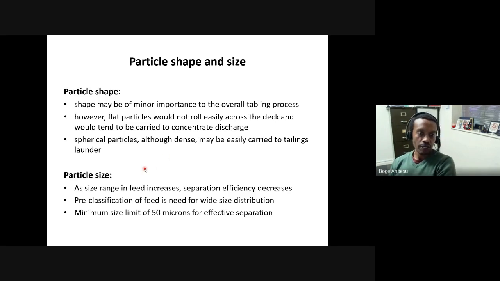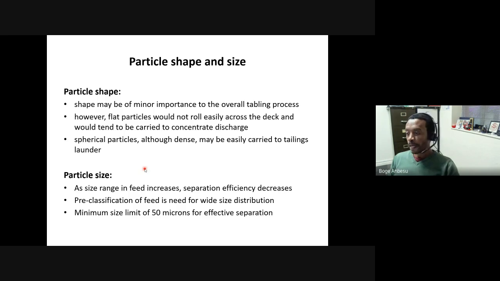So you need to keep an eye on what's going on and maybe take a sample from the tailing and see if you are getting your target particles reporting there. Okay, and if there are a lot of valuable particles in the waste, then maybe it's to do with the way you are operating the table. Maybe minimize the amount of wash water you are applying, okay, and so on, to minimize having the target particles in the tails.